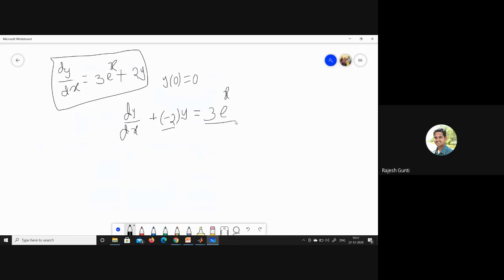The solution of the linear differential equation is y times e^(∫p dx), with ∫p dx = −2x, equals the integral of q(x) times e^(∫p dx), that is 3e^x.